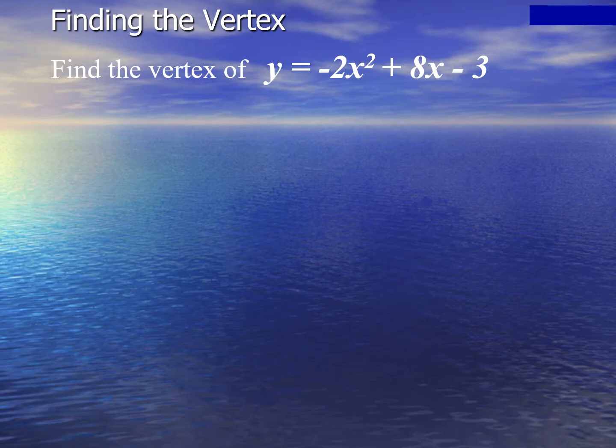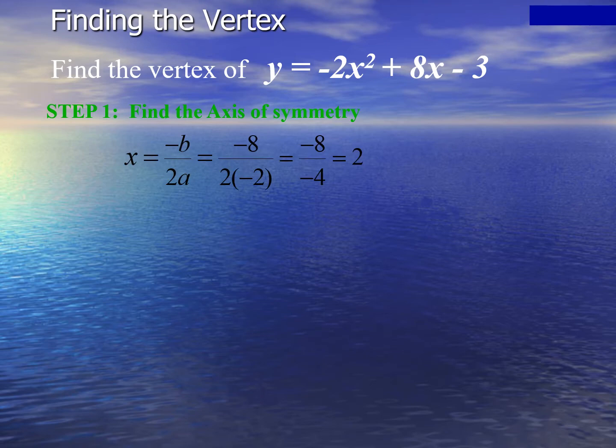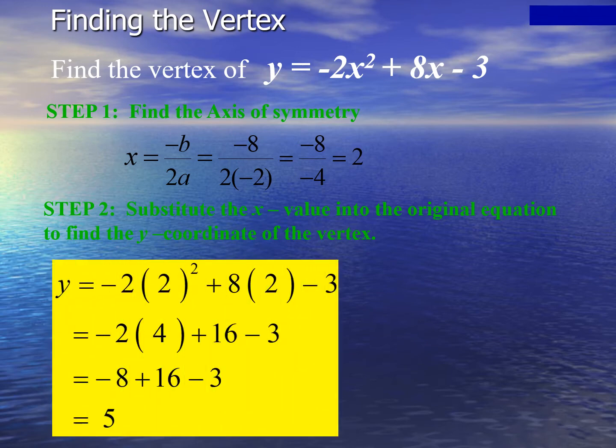So the x-coordinate of the vertex is 2, or the axis of symmetry is x equals 2. Now let us find the vertex. We already solved the axis of symmetry, x equals 2, and now we are going to substitute the x value into the original equation to find the y-coordinate of the vertex. So we get negative 2 times 2 squared plus 8 times 2 minus 3.